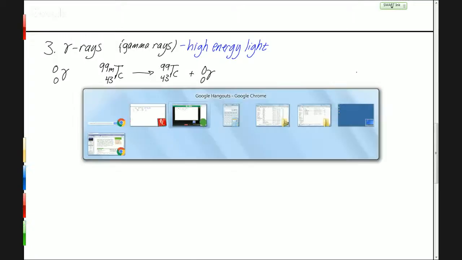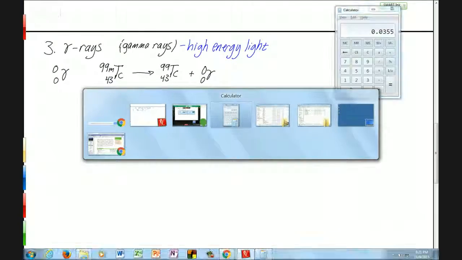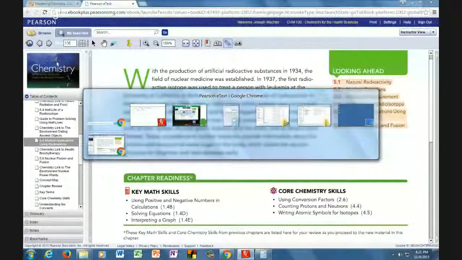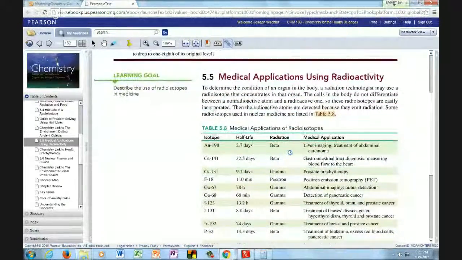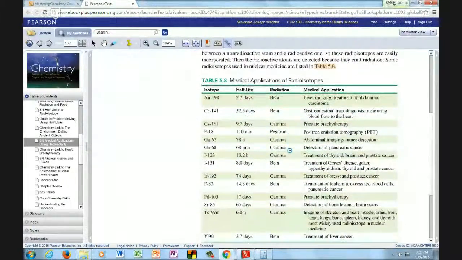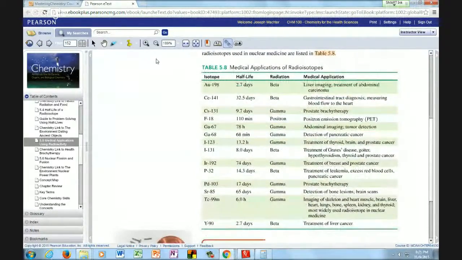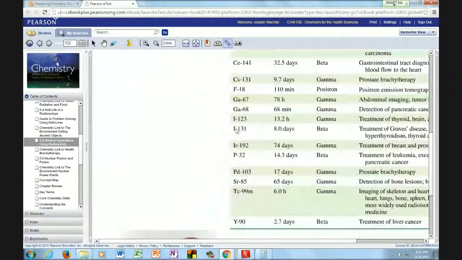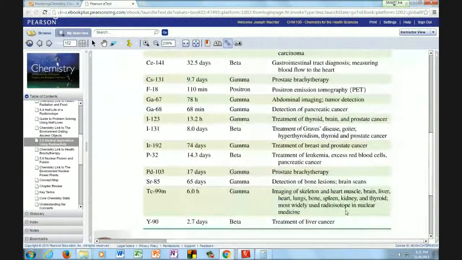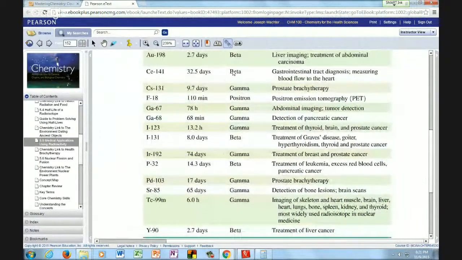All right, let's see if we got our thing yet. Right, yeah, here we go. So here's a neat list of some medical applications of radioisotopes, of some of these different emitters. Oh, and I was wrong about the iodine thing. I said that was an alpha emitter. It's a beta emitter. But generally, beta and gamma emitters are used in nuclear medicine.